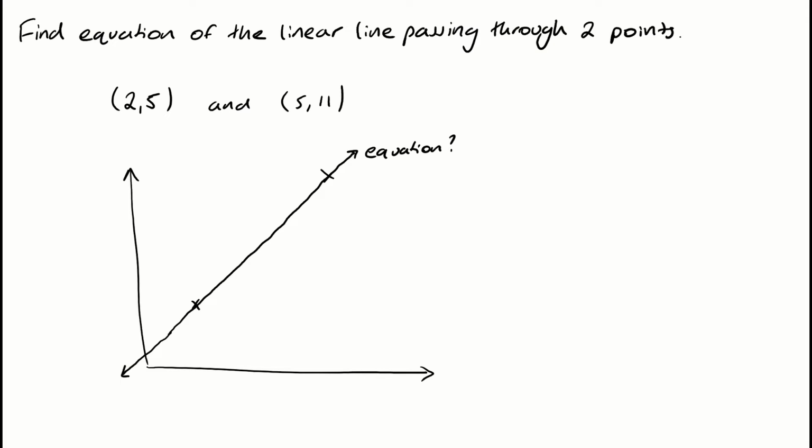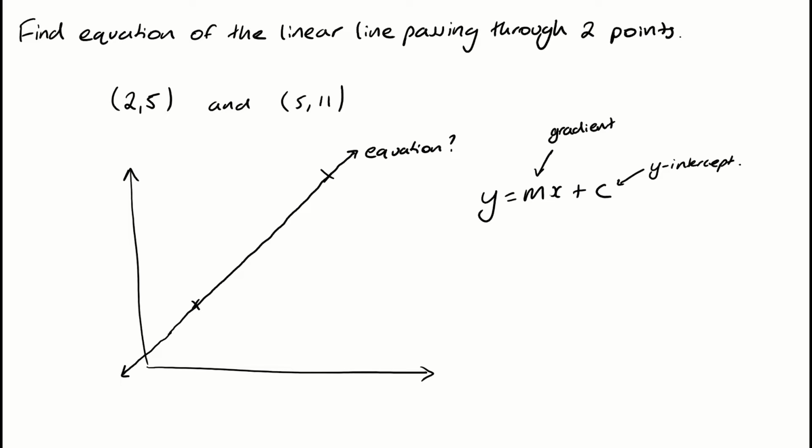Well, the way that we tackle that, we know that the equation of any linear line has to be y equals mx plus c. So the equation of that line has to have that format. So now we just need to find what m is, or our gradient, and we need to find what c is, our y-intercept.